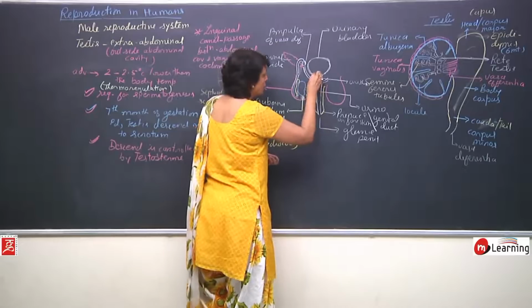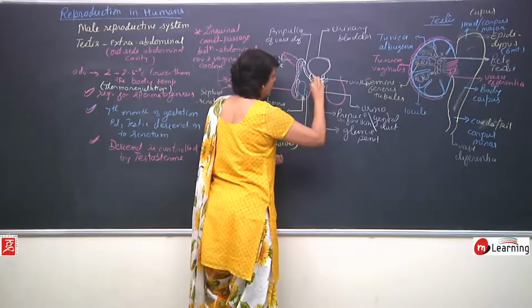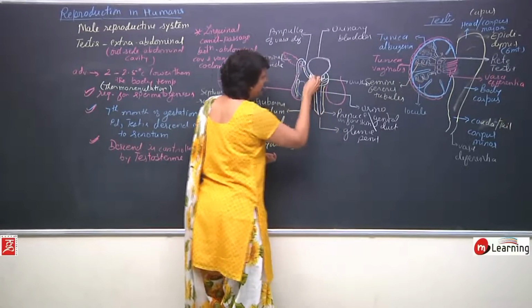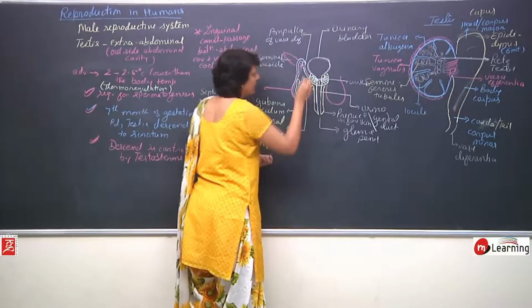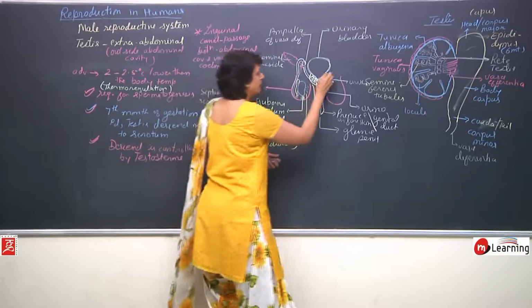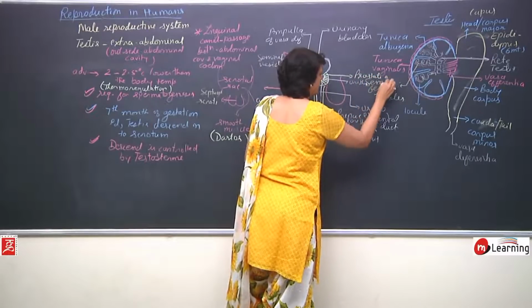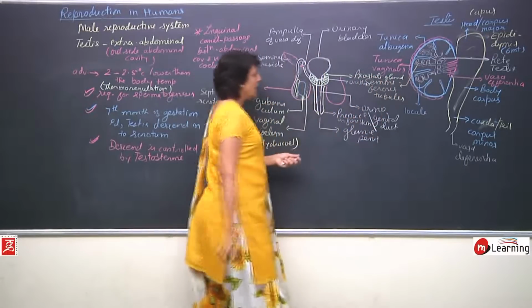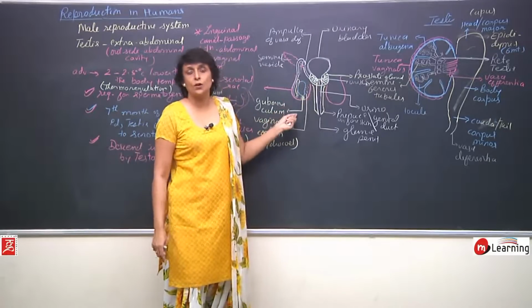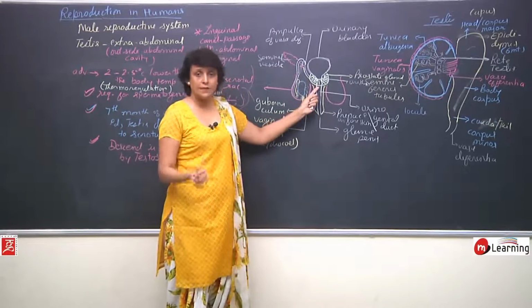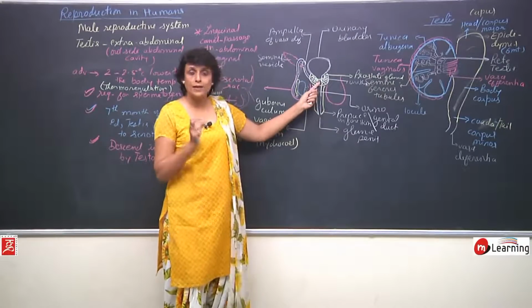So if we just draw this, this is the prostate gland. Unless and until this prostate is removed, these connections are not going to be visible. But that is why we made the connections first and then the gland, so that we know exactly what the connections are.